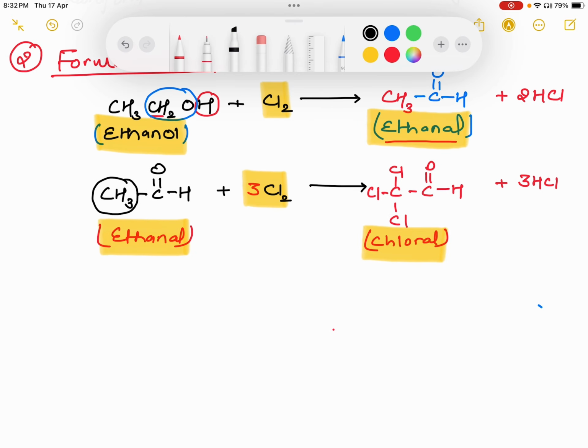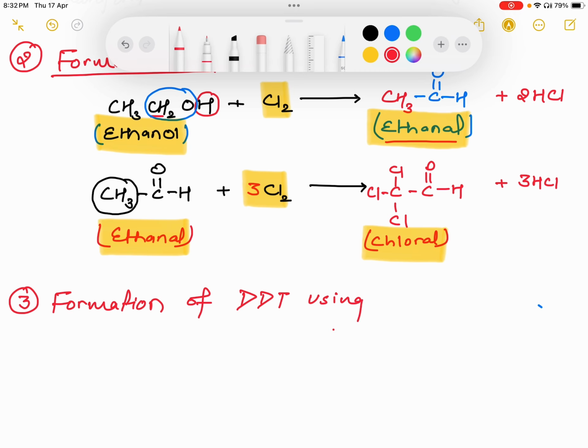It might be asked, or sometimes what exactly happens is, how do you prepare DDT from chlorobenzene and chloral? So that can be the question. We generally get a question like, how do we prepare, or the formation of DDT using chloral.